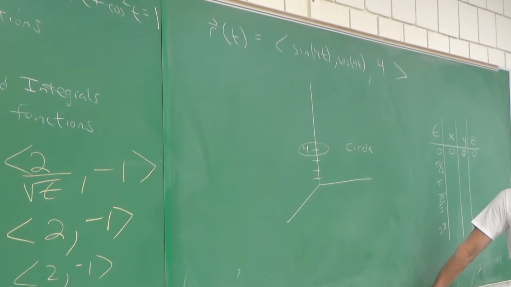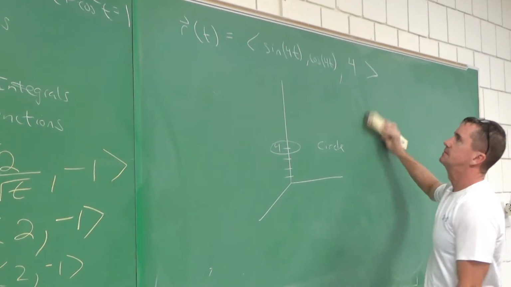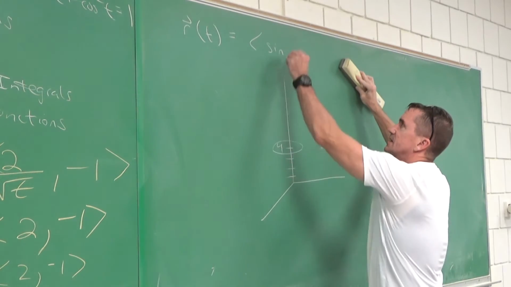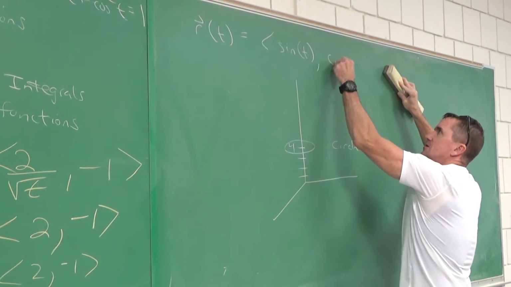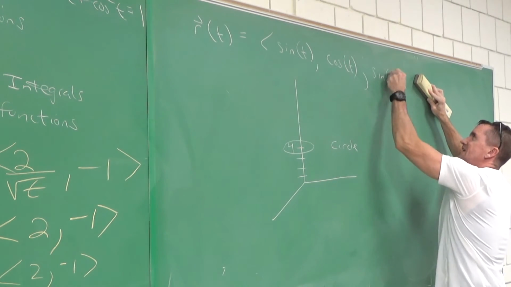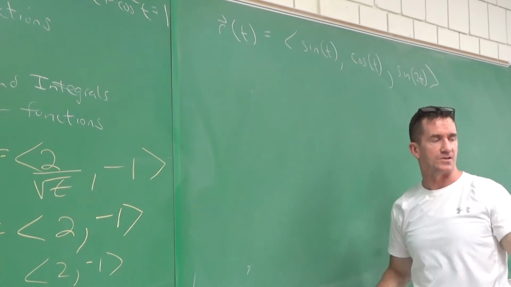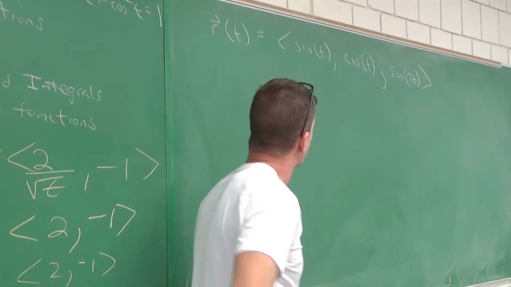Okay, and one more. What if I have sine of t, cosine of t, and then sine of t again? This doesn't have to be a perfect sketch, but we've got to get a sense of what's going to go on here.